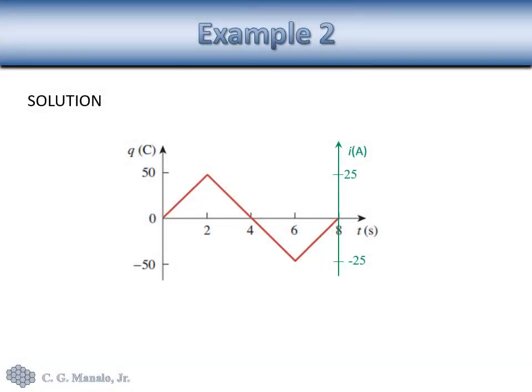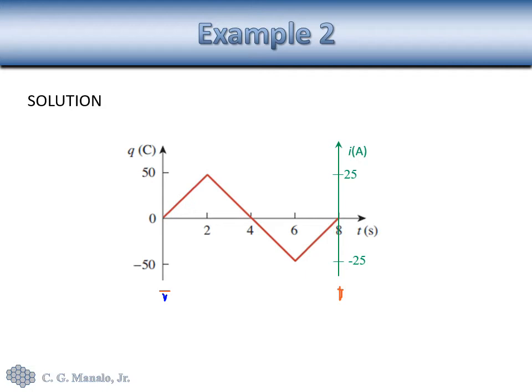So to plot the current, let's plot it side by side with Q. On the right side, we have the scale for I, and for Q on the left side.